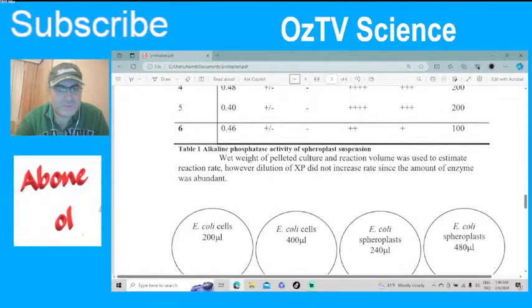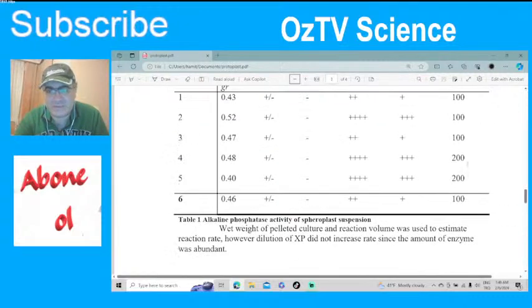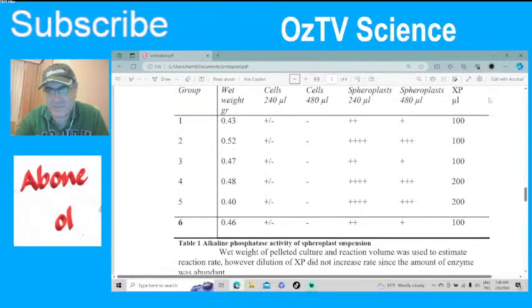Wet weight of the pelleted culture and reaction volume was used to estimate reaction rate. However, dilution of XP did not increase rate since the amount of enzyme was abundant. It's talking about this: if you put the dye twice as much, that is 100 microliter of substrate and 200, then in these reactions that's called a limiting factor.